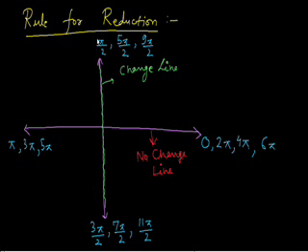Now what is the meaning of change line and no change line? Change line implies that whenever we cross this particular line, the trigonometric ratio will get changed. If we are doing pi by 2 plus theta, we take positive angle if we are going in anti-clockwise direction. Remember this thing. And if we are going in clockwise direction, we'll take minus theta.